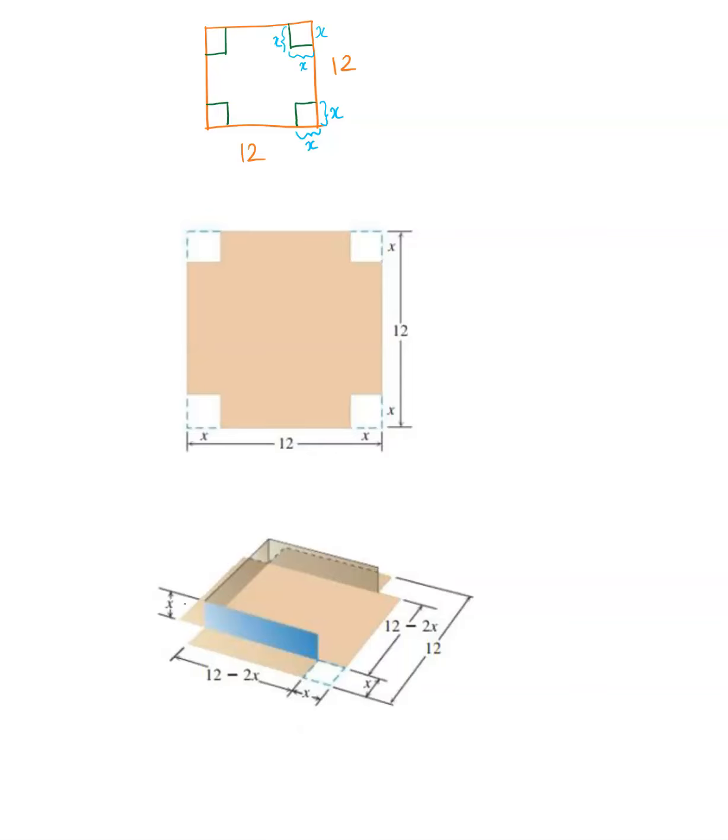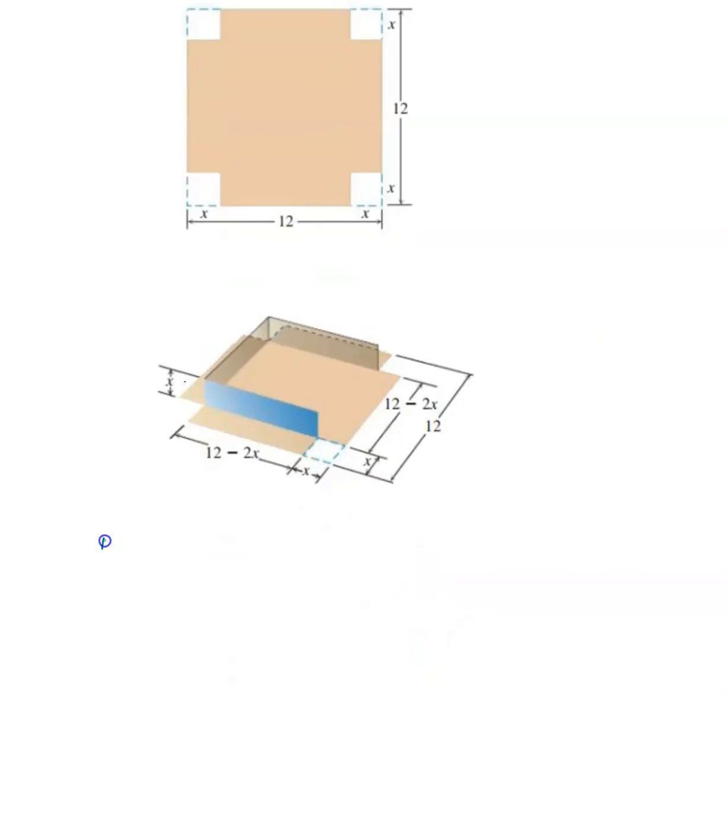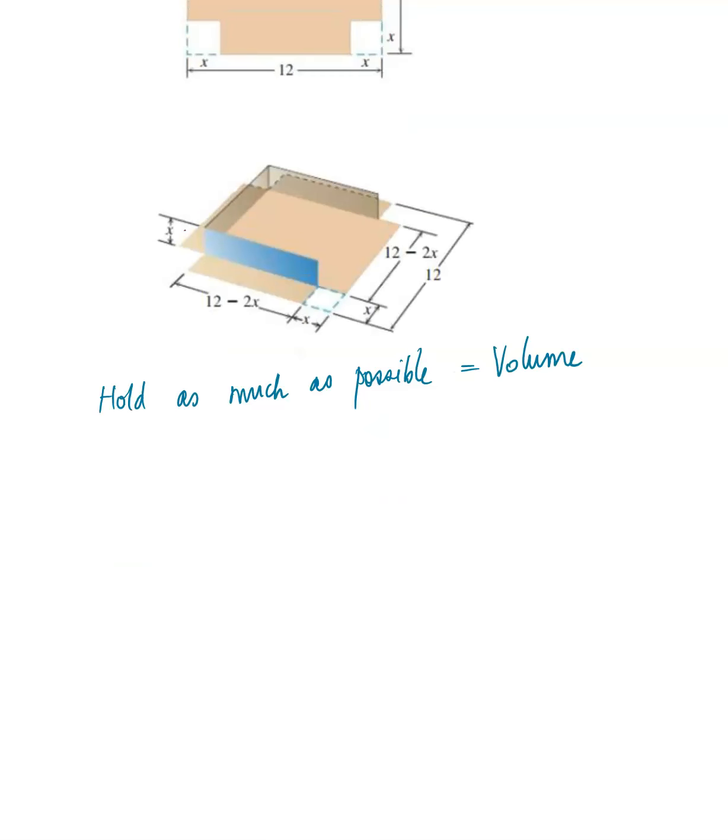All right, now the question was, how large should the squares be cut from the corners to make the box hold as much as possible? So the box hold as much as possible is a language to indicate volume. So we use the volume formula. Volume is length times width times height, because this is a 3D figure.